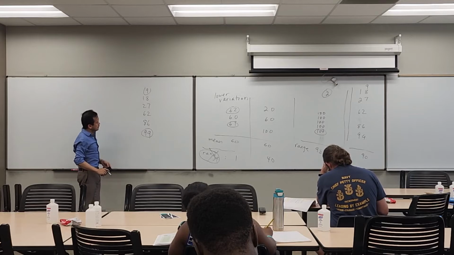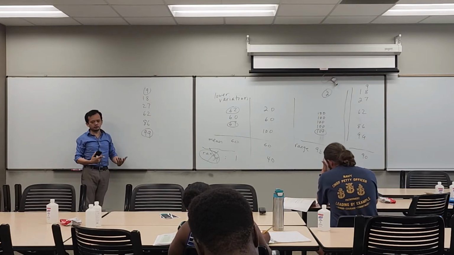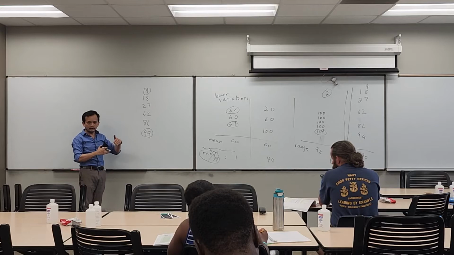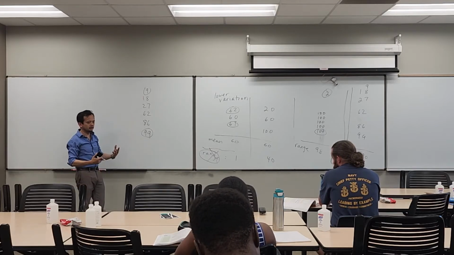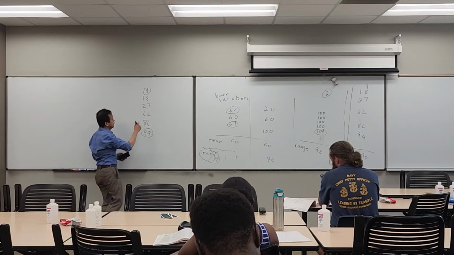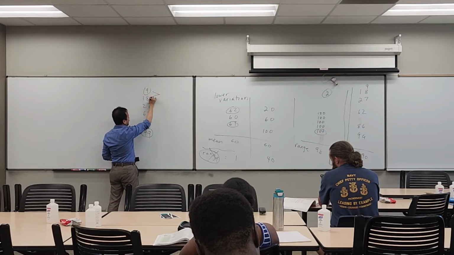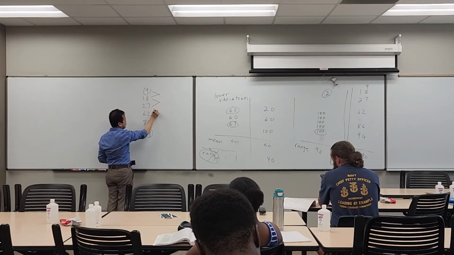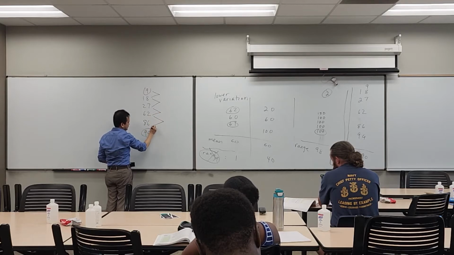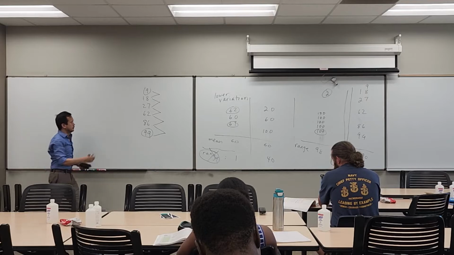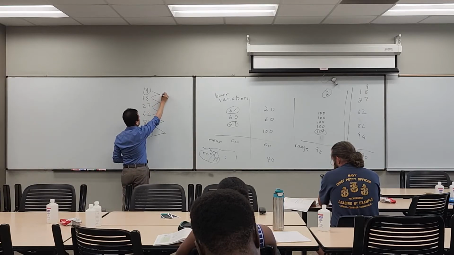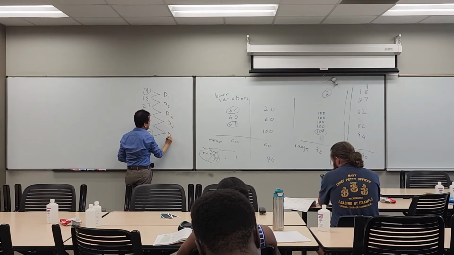So basically we're trying to measure how much spread or how much variation there is in general between all the numbers. One thing we can do, as was actually suggested before, is to find the pairwise distance between each of the numbers consecutively. So the distance here, let's just call D1, just subtract the two, D2, D3, D4, D5.